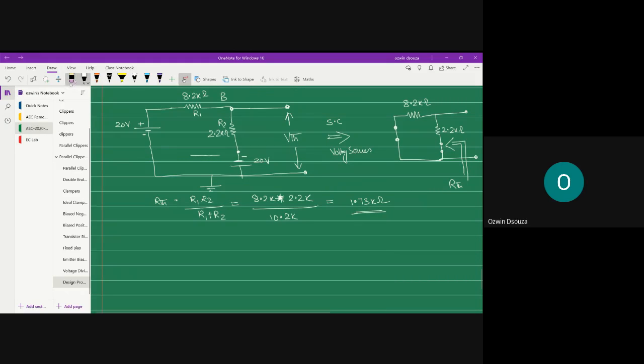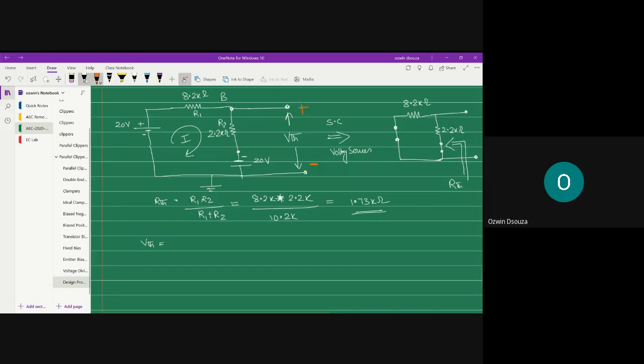Once RTH is known to you, you can find out VTH. To find VTH, we will assume an unknown loop current I. VTH, as defined earlier, is the open circuit voltage. So let's assign the polarity for VTH: this is minus and this is plus.